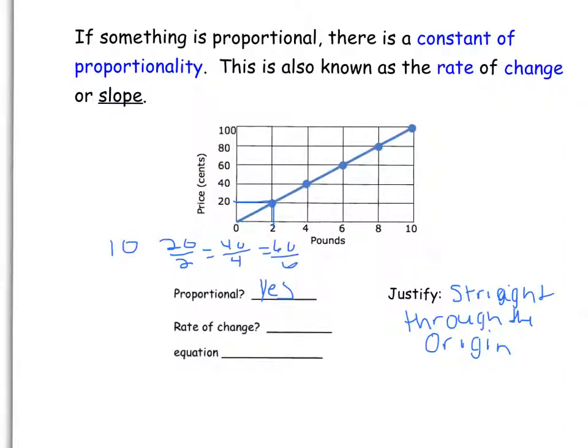So it is 10 over 1. So 10 cents, and we just did this one, over 1 pound. So that constant of proportionality, when you're asked to find that, it's just the rate of change. And again, we just did this problem, so I hope you know that it is y equals 10x, where that rate is the coefficient of x.